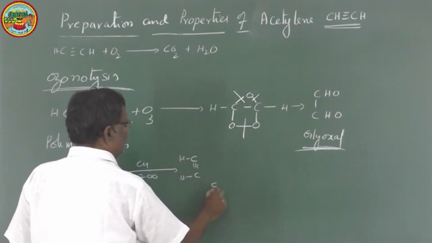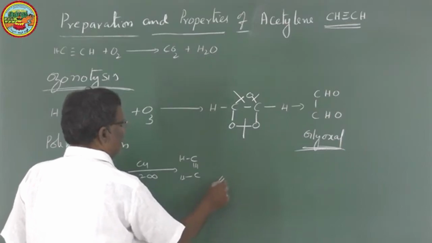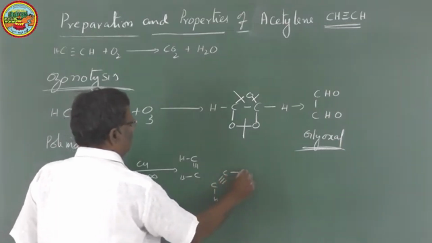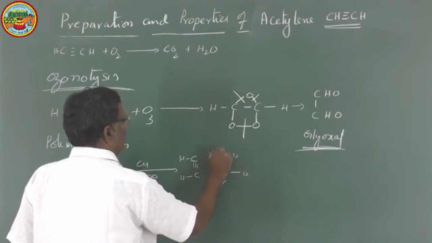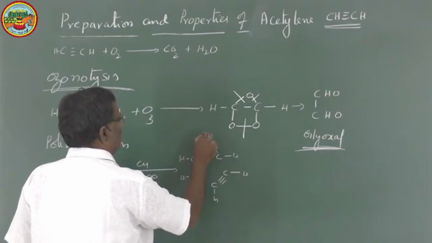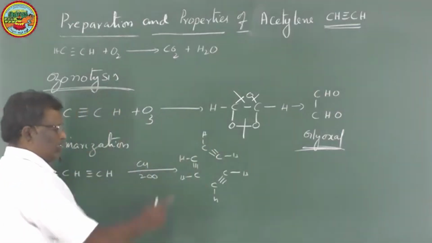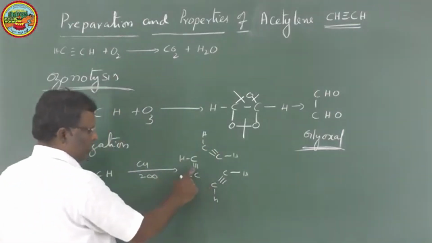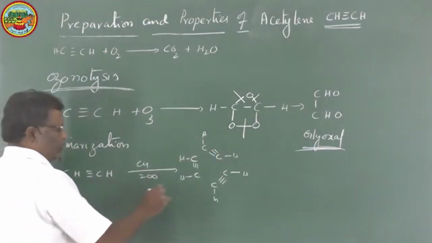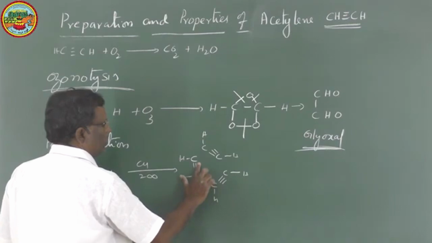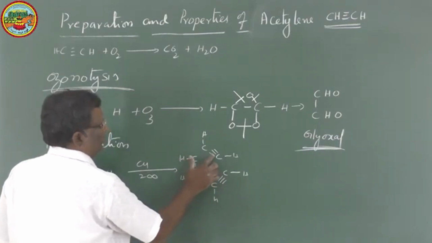This is another acetylene molecule, with a triple bond between two carbon atoms. Here is one more acetylene molecule with a triple bond. So we have 1, 2, 3 acetylene molecules.